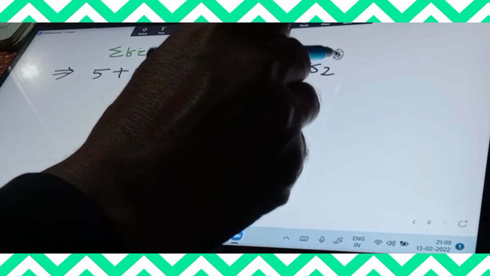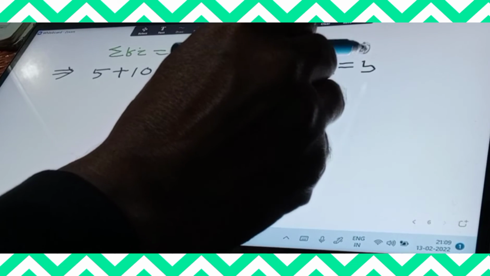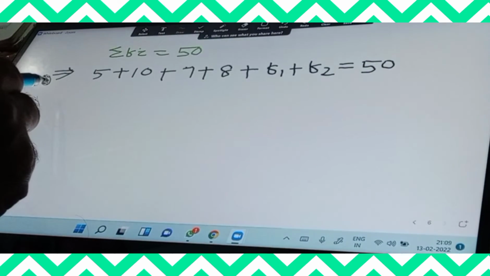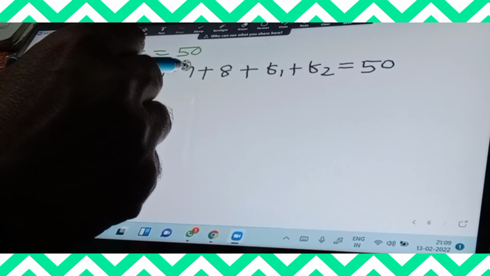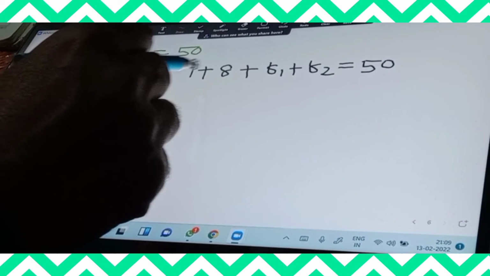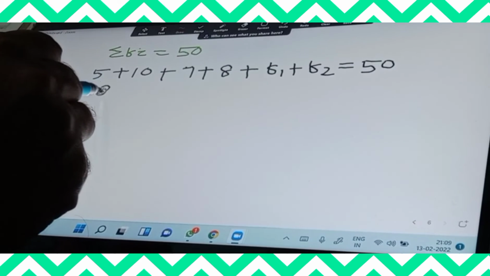The total frequency is already given as per the question, 50. Here 5 plus 10 is 15, 15 plus 7 is 22, 22 plus 8 is 30.